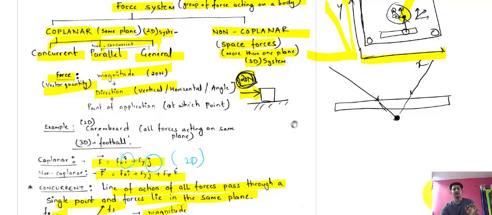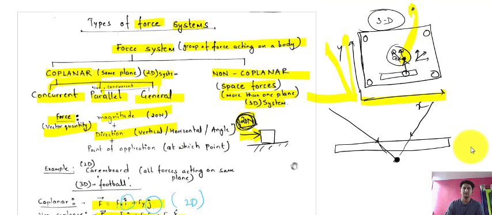That you can easily understand with the help of a diagram of a carom board. You can easily get the idea when you are playing with a striker and you apply a force on the different coins, so it is either moving in x direction or y direction, so it is in the same plane.